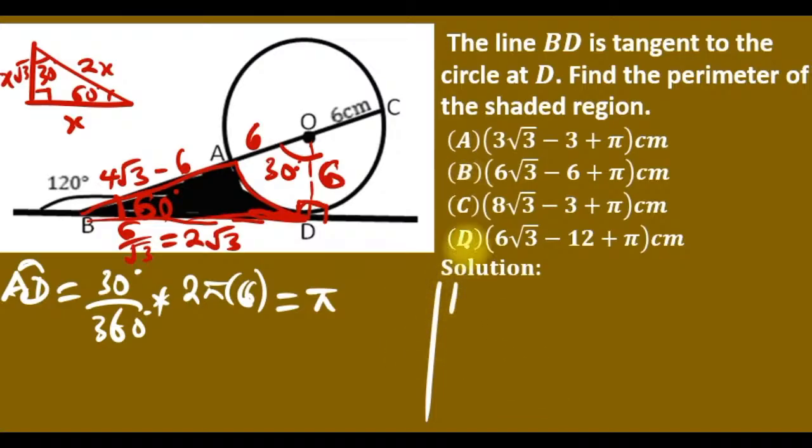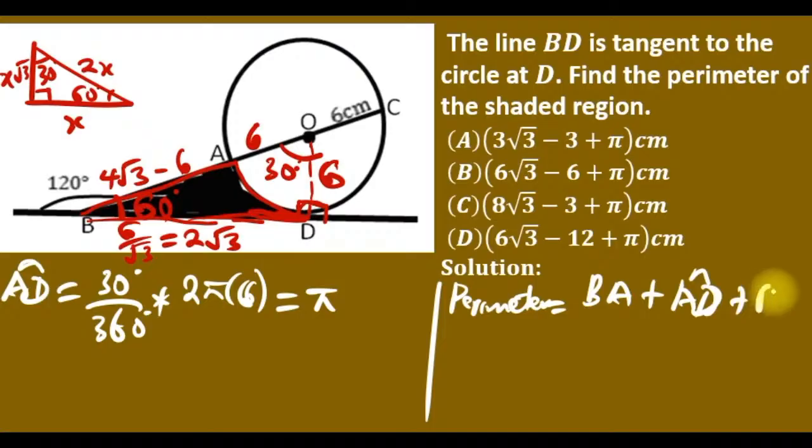So as you can see, we are asked to find the perimeter of the shaded region, and the perimeter is BA plus arc AD plus BD. BA, as you can see, is 4 root 3 minus 6.